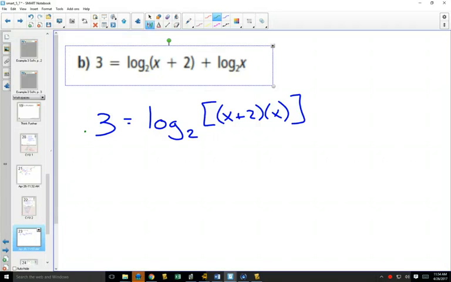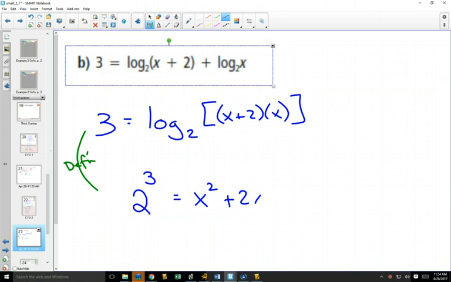definition, there we go. By definition, the base is 2, the exponent is 3, equals x plus 2 times x. If I multiply that out, that's x squared plus 2x. What kind of equation do we have? Quadratic. How do we solve quadratic equations?